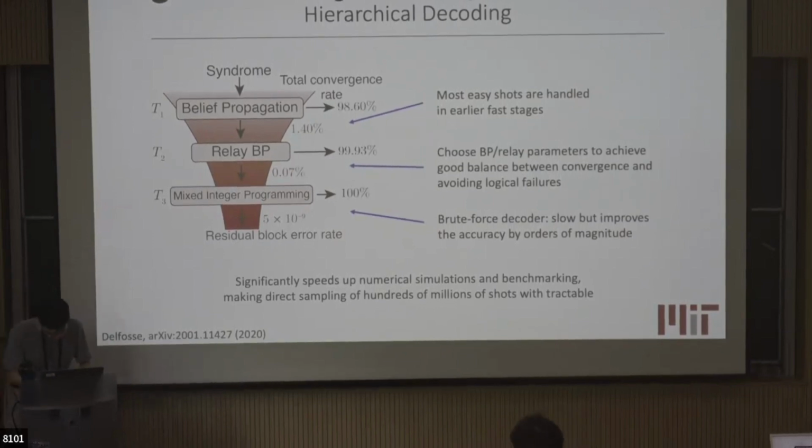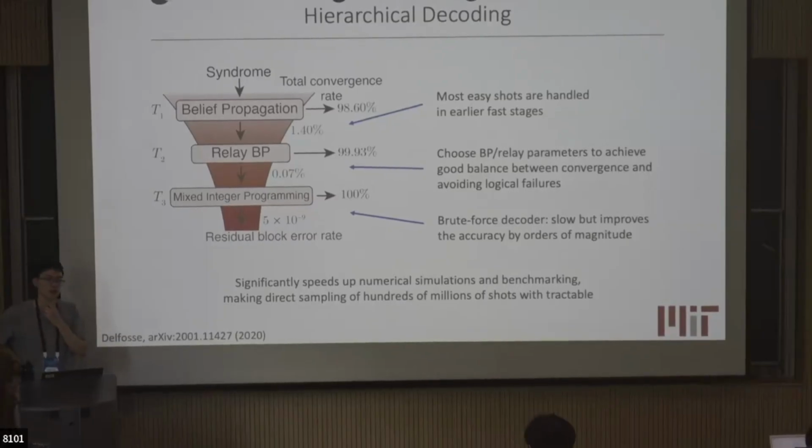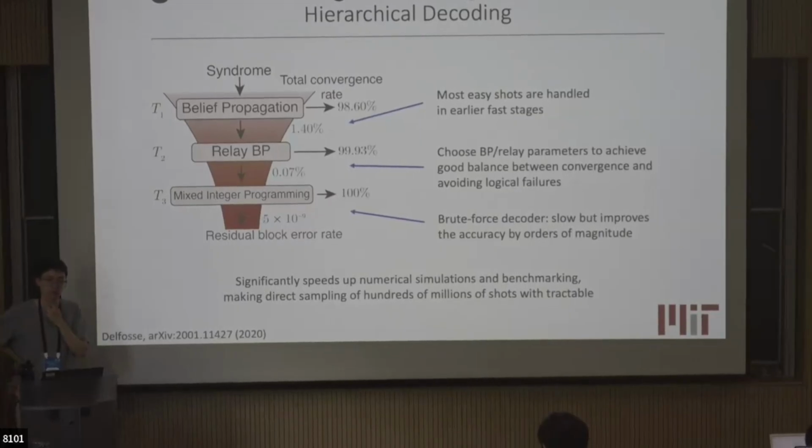Yeah, so we have a more detailed benchmark of the numbers in the appendix of the paper. With 32 rounds circuit level, I think the fast BP was maybe a bit less than a second. This is all CPU. Relay, I think, was on average a few hundred seconds.